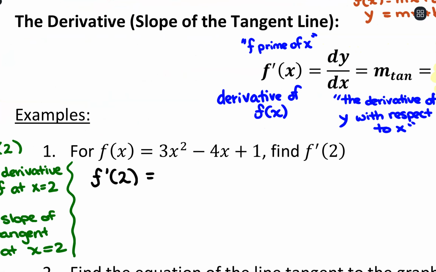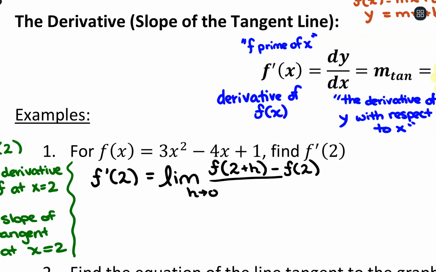So what we want to do is evaluate this limit as h approaches 0 of f of x, which we're letting be 2 in this case, plus h, minus f of 2 all over h. And eventually I want to try to plug in h equals 0. I don't want to do it yet because that denominator would just turn into 0.